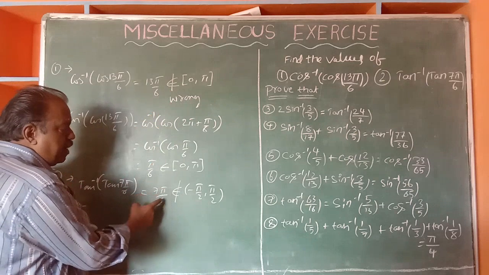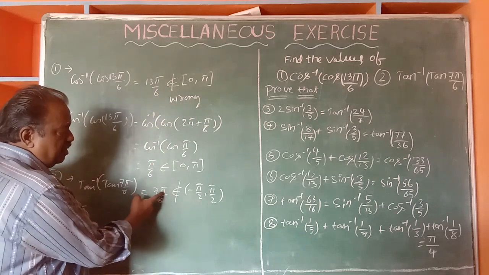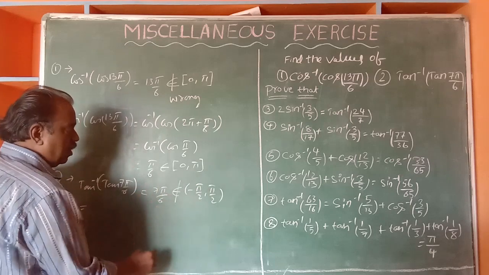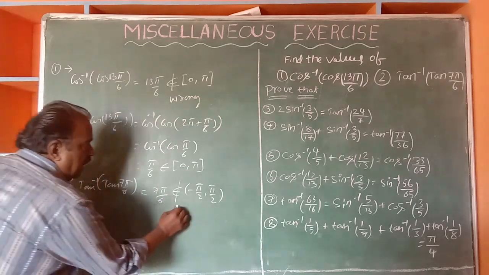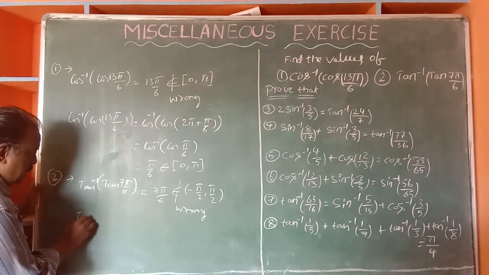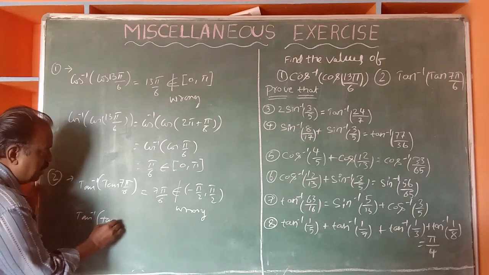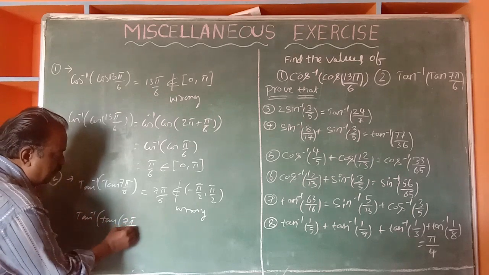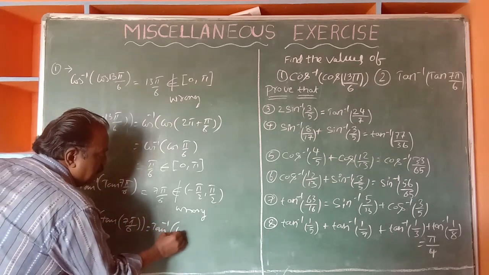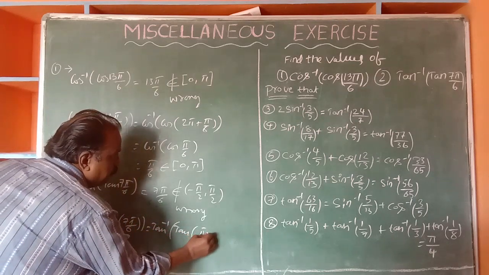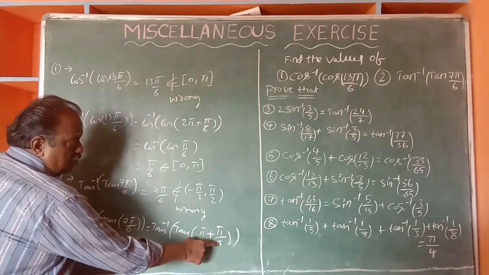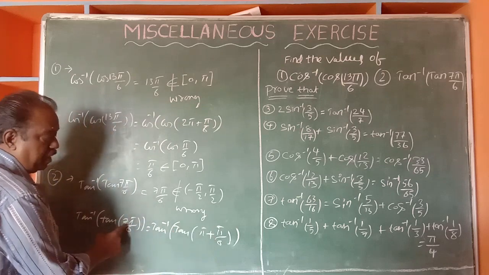So here 7 pi by 6 means pi plus pi by 6, which is 180 plus 30, that is 210 degrees. It exceeds the interval, so it doesn't lie in this one. So this is wrong. Okay now, then which is correct? Tan inverse of tan 7 pi by 6 can be written as tan inverse of tan of pi plus pi by 6, that is 6 pi plus pi, 7 pi by 6.